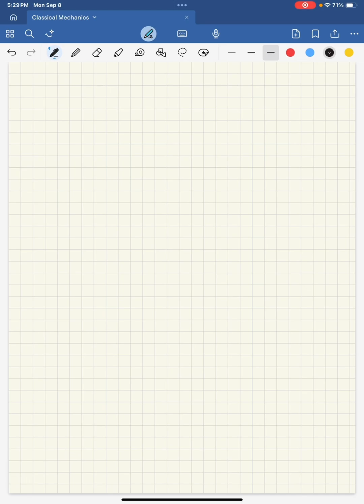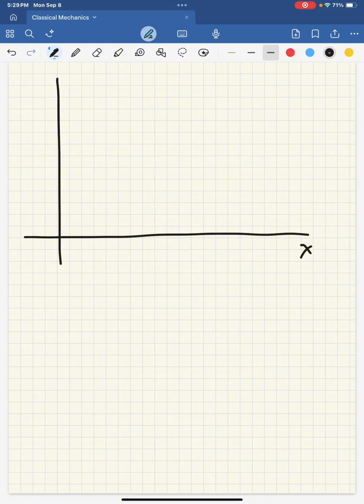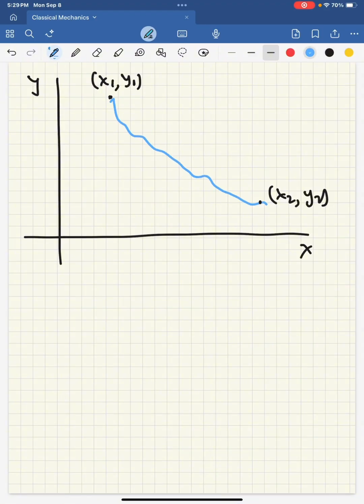I'm sorry, I keep talking without doing anything about the problem. So I'm redrawing the situation. We start from some point x1, y1, and we are going to some point x2, y2, and let's say we have this crazy path like that. We need to write down an integral.